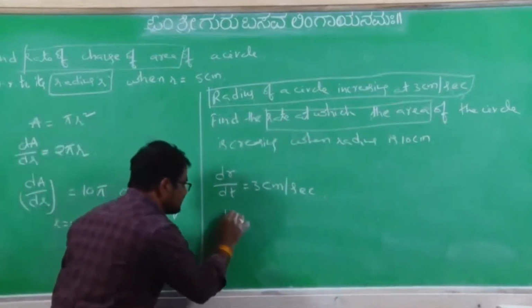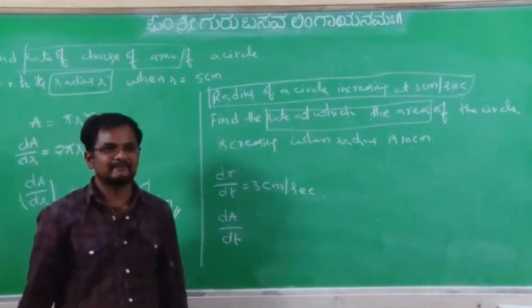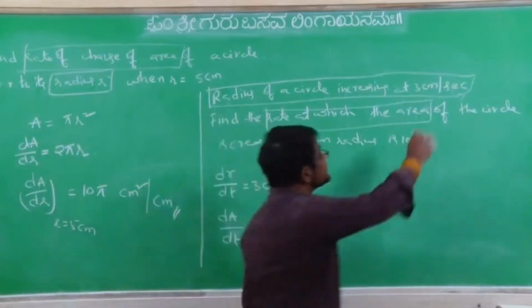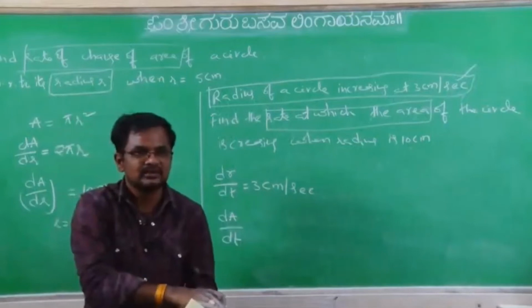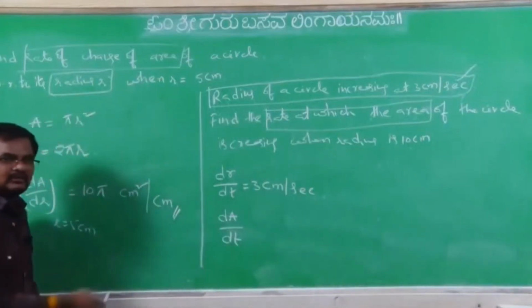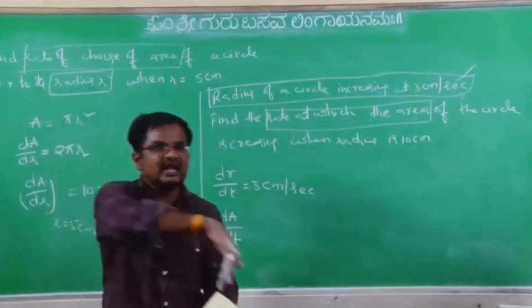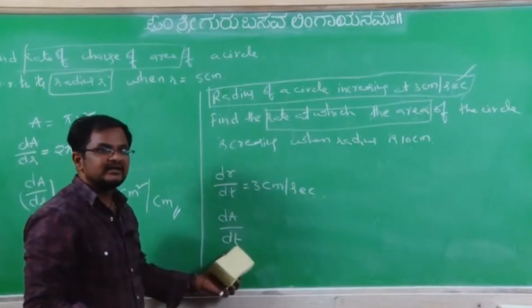So we have to find dA by dt, not dA by dr, because radius is also increasing with respect to time. Second type. Radius increasing with respect to time means we have to take dA by dt.